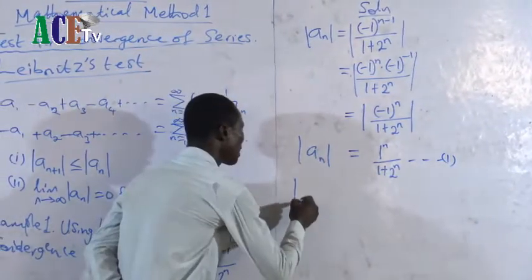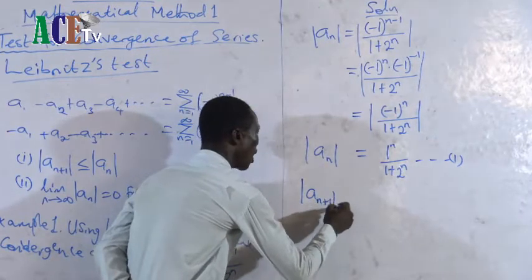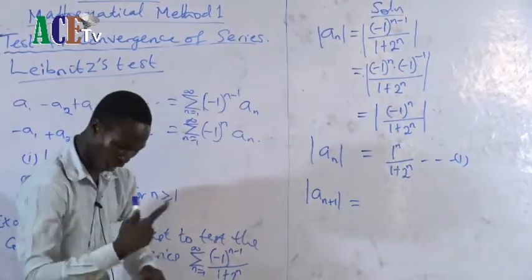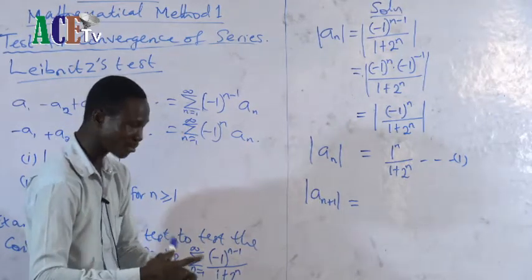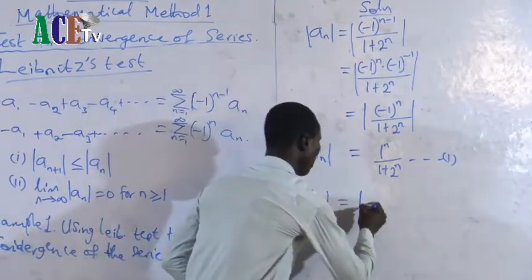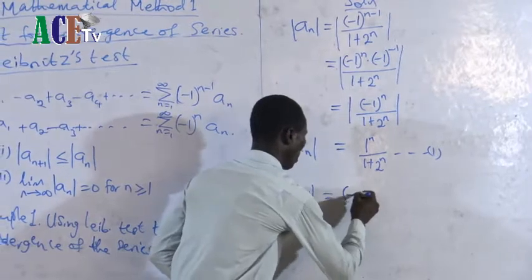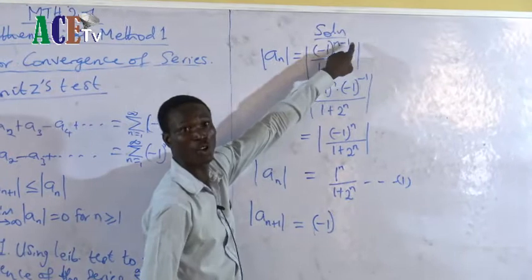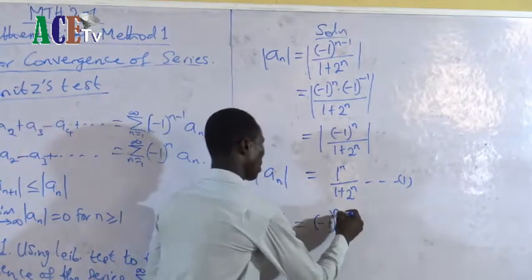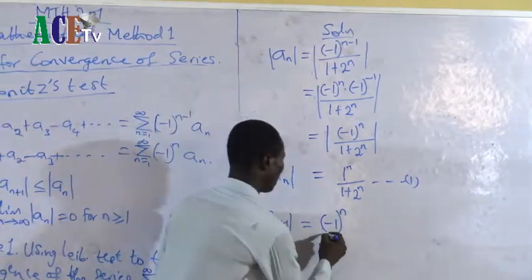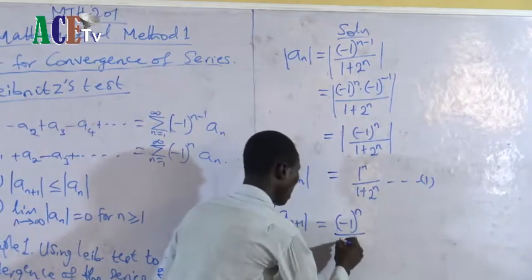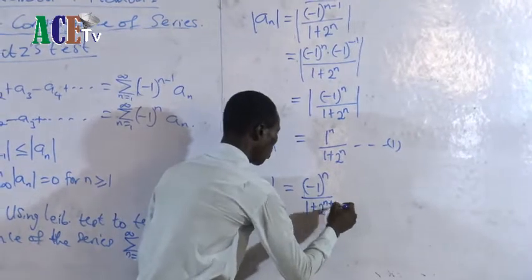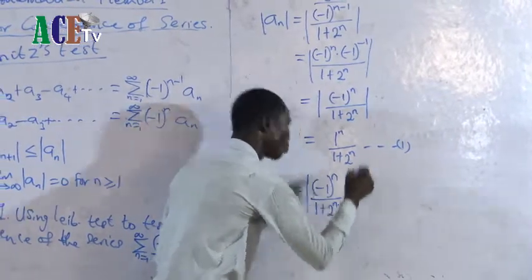Now, what is the absolute value of a_(n+1)? It means wherever I see n, I want to add 1. It will be increased by 1. Then this one will give me (-1) raised to power, look at this one, n + 1 - 1 will give me n, divided by 1 + 2^(n+1) in the absolute value.